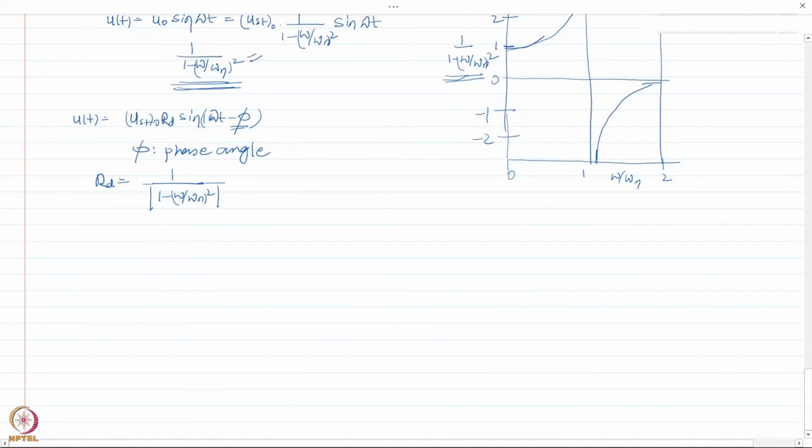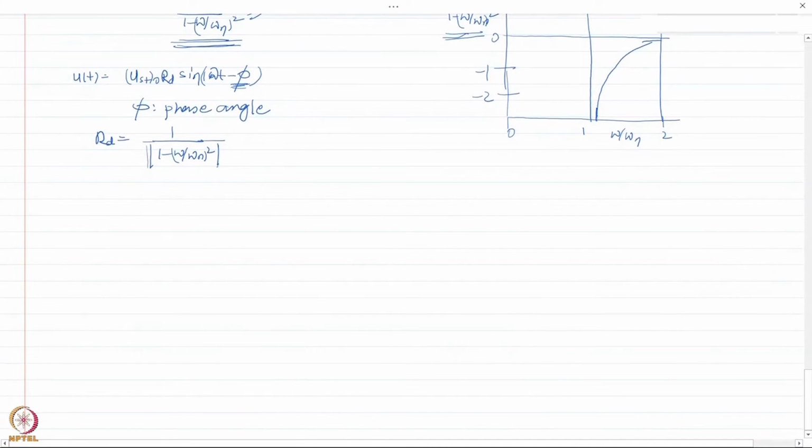And if omega by omega n is greater than 1, then u varies as the negative of that. So take that sign into consideration. I'm writing this term here, I have taken the magnitude in rd, and all the sign is now taken care of by this phi, the phase angle.